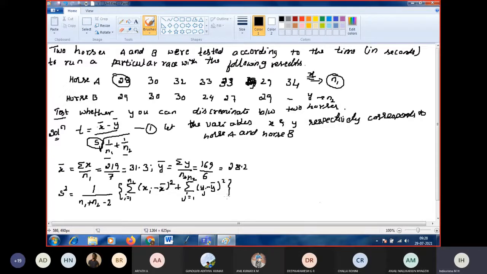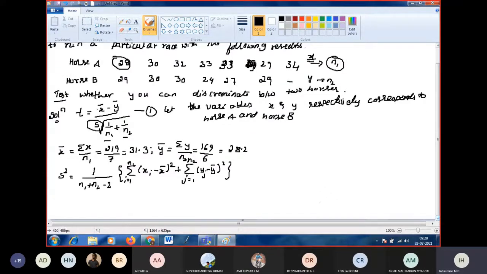So this is the formula we use to find s. We have to find this one separately, then you can substitute here. Anyhow, we know the n1 and n2 values.